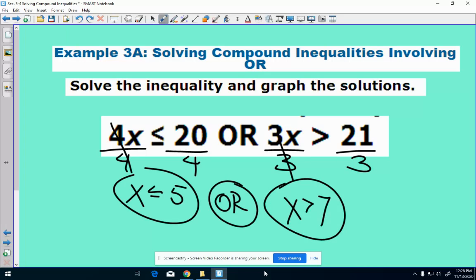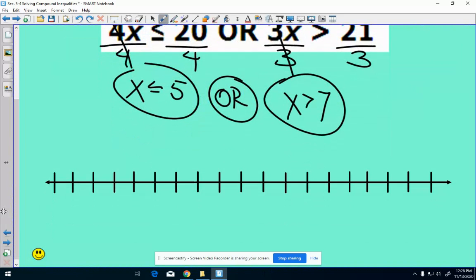They have to start separate from each other. Think about the Venn diagram. The Venn diagrams don't overlap, so they can't be written together. Now, when you graph them, though, then less than or equal to 5, greater than 7.